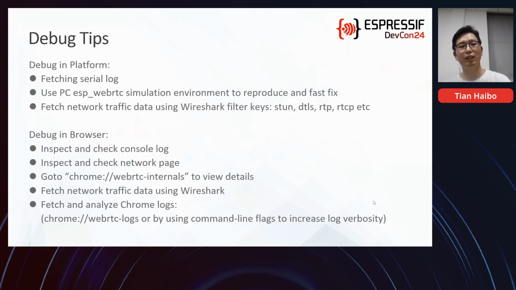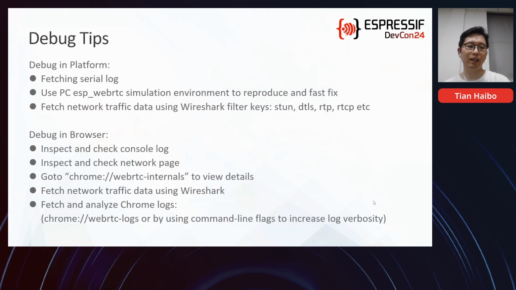Another point is that we provide a PC simulation environment for ESP WebRTC. So you can use almost the same code to reproduce your issue and fix it quickly. For the browser part, you can typically inspect and check the console log first. Also, you can check the network traffic on the network tab.